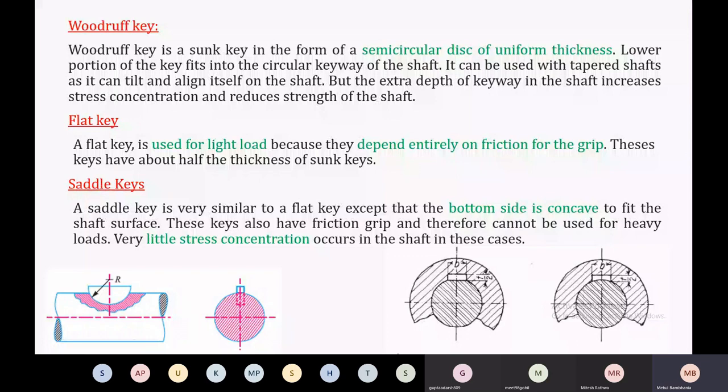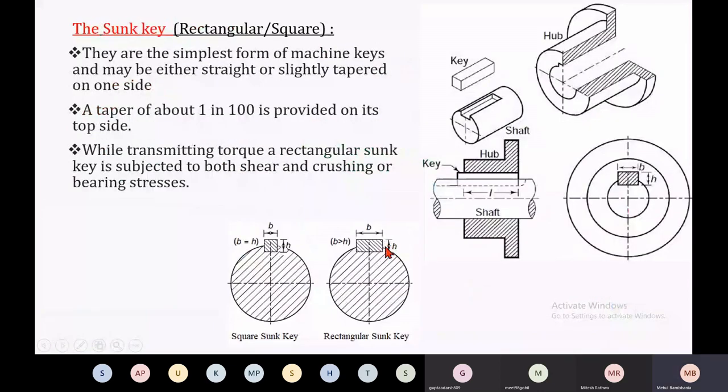These are not a kind of sunk key, but see what the difference is. In a flat key or saddle key, there is no need to provide keyways in the shaft, generally. Instead, the keyway is provided only in the hub itself, and the flat key is inserted in that keyway. This rectangular flat key has a breadth b, and instead of height t, it has thickness t by 2, that is, half of the thickness generally used in a sunk key.